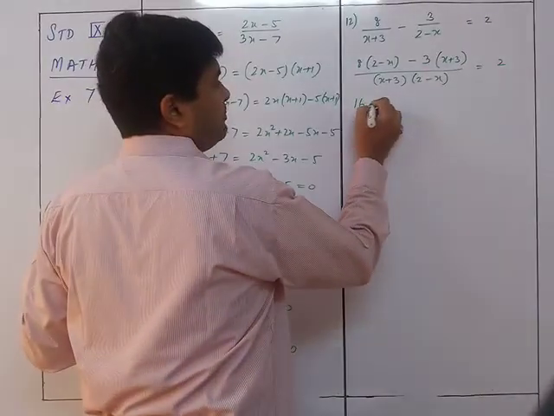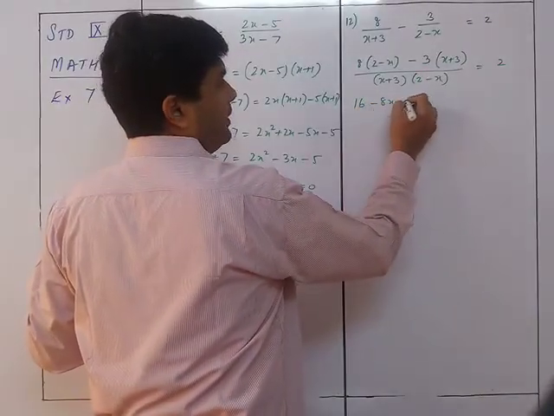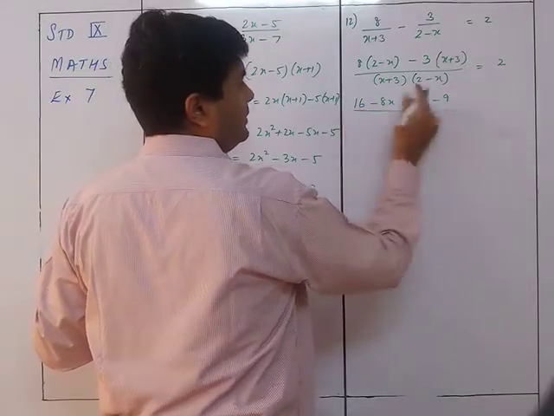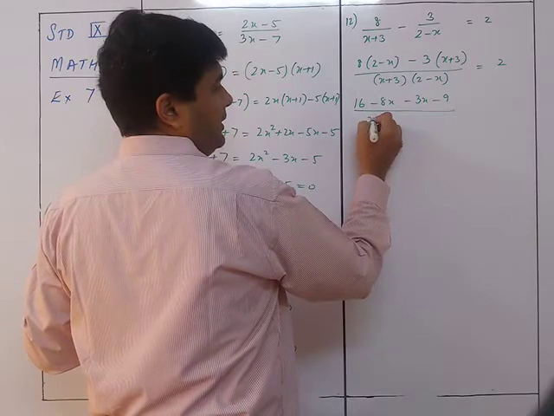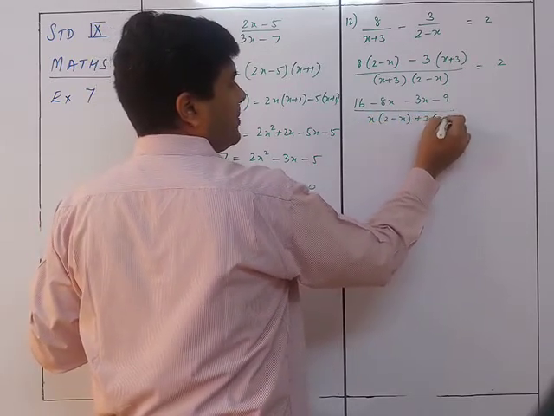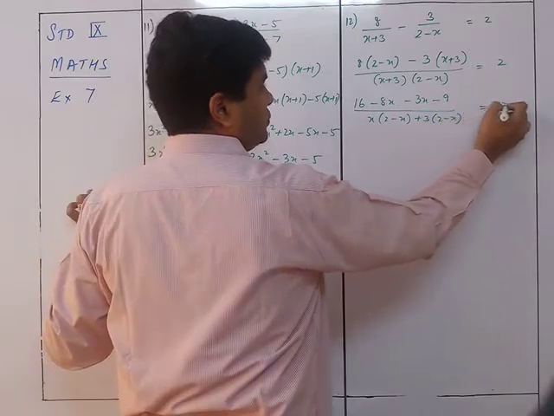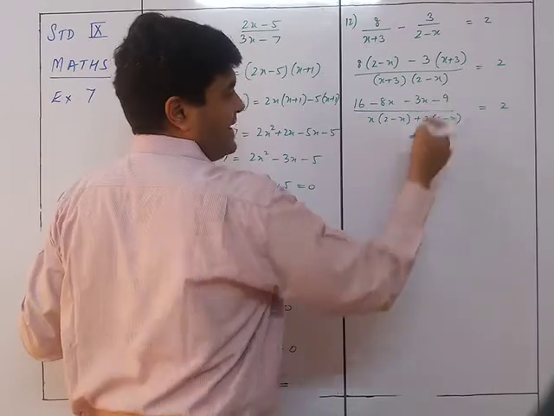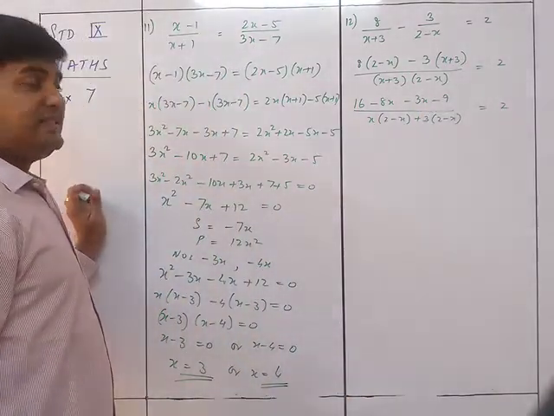16 minus 8x minus 3x minus 9 upon x into 2 minus x plus 3 into 2 minus x is equal to 2. Upper will be 16 minus 9. What is 16 minus 9? 7.